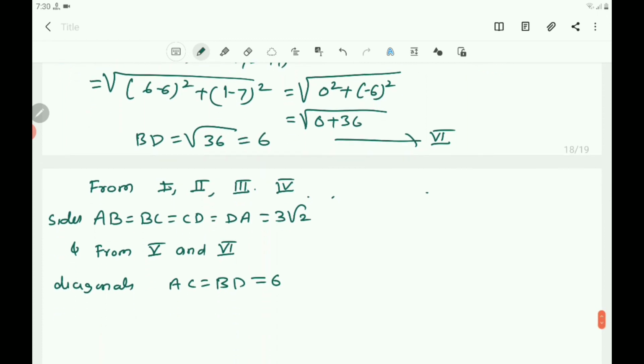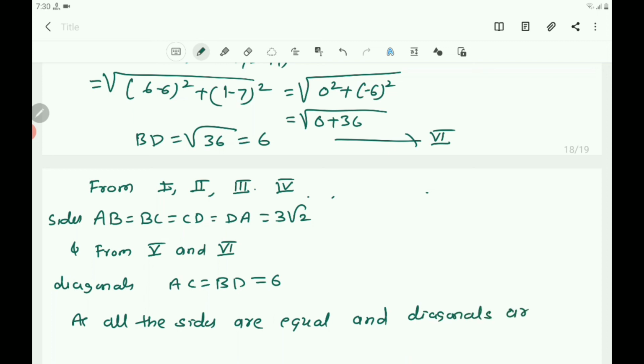Therefore, as all the sides are equal and diagonals are equal, ABCD is a square.